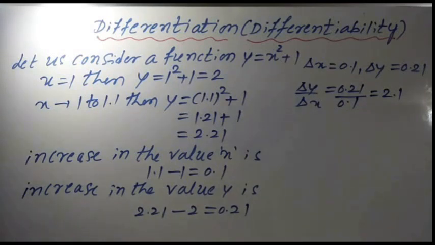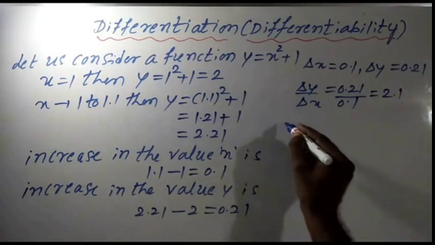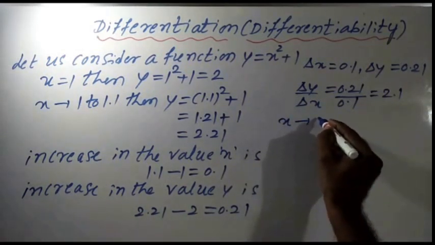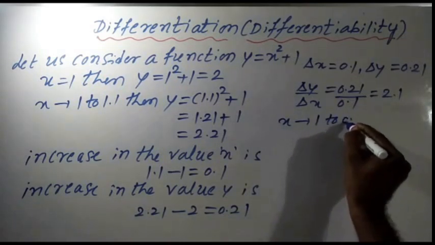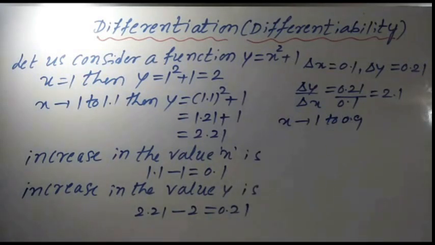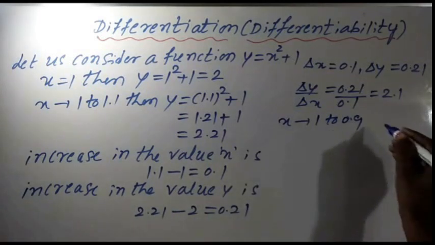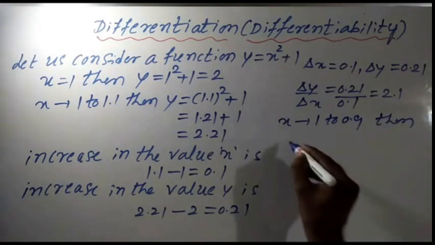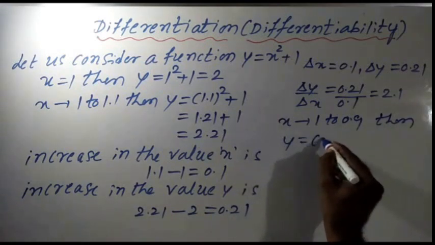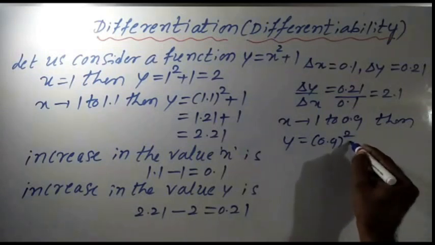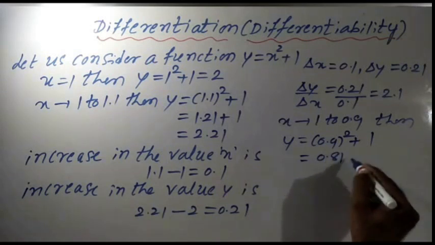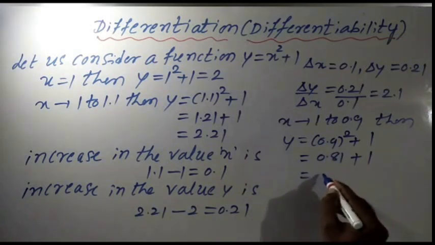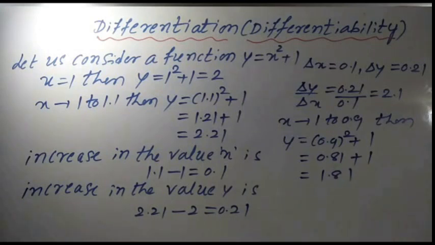Suppose x changes from 1 to 0.9, then y is equal to x square, means 0.9 whole square plus 1, is equal to 0.81 plus 1 is equal to 1.81.